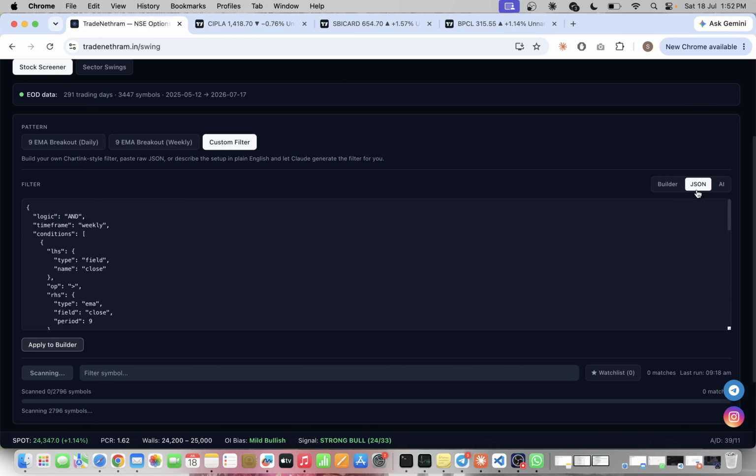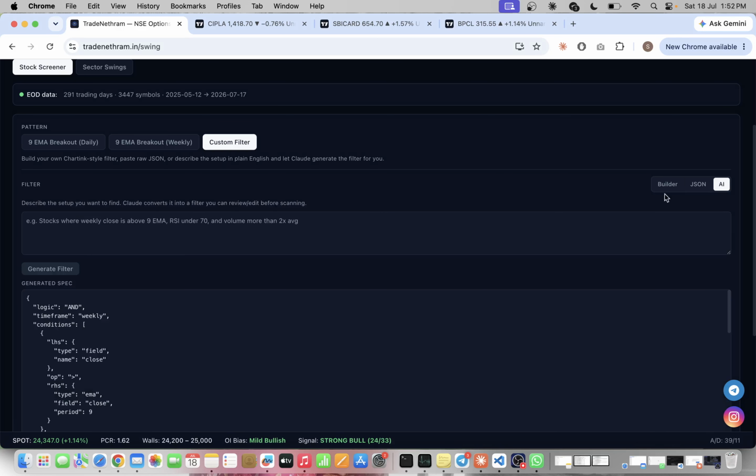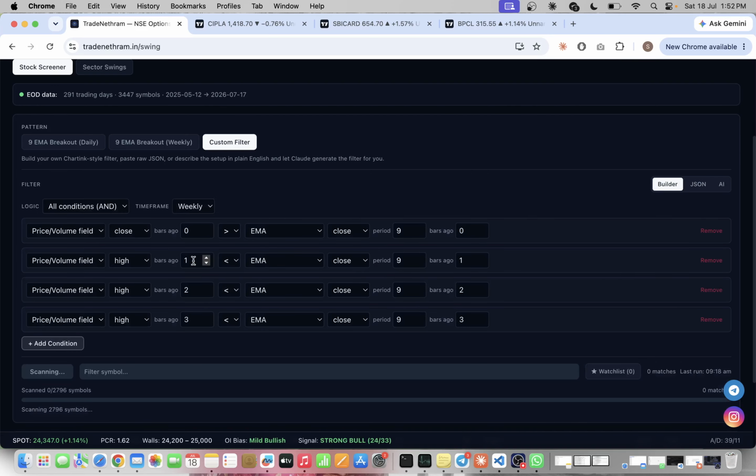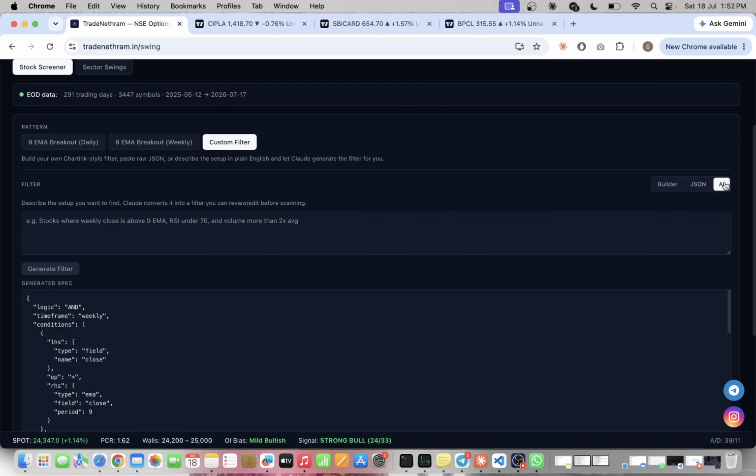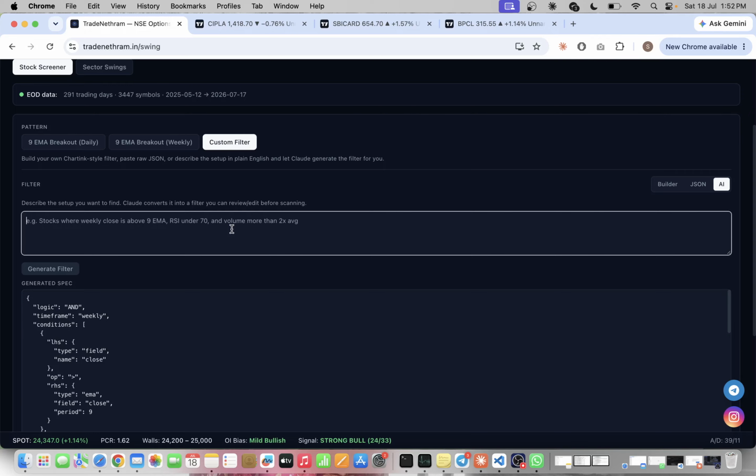There is a JSON. Ignore the JSON for now, and there is an AI. If we did not find anything in the custom builder here, you can go to AI and ask, okay, show me all the stocks that broke 200 EMA, right?